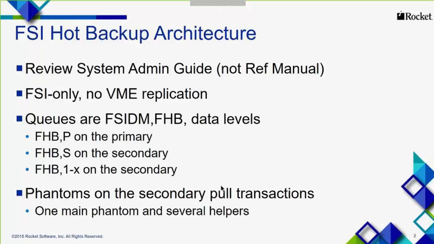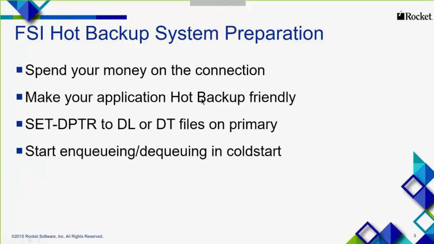Basically, you have four-ish phantoms running on the secondary. The main phantom on the secondary goes over to the primary and pulls the records over, writes them in its own queue, assigns them to a helper, then deletes it from the primary queue on the primary server. There's one main phantom and several helpers involved, and you'll get a chance to look at that.